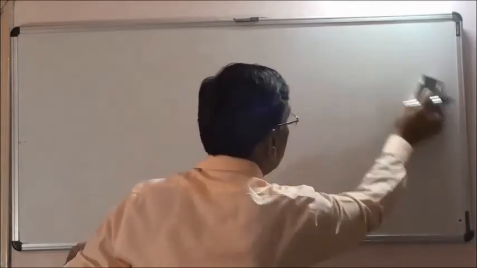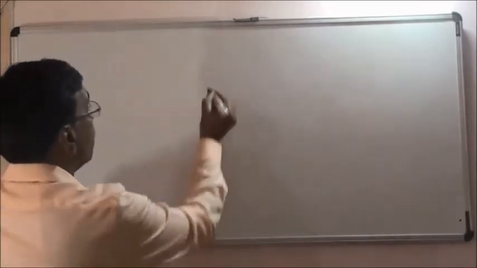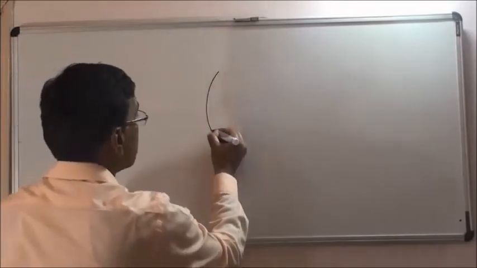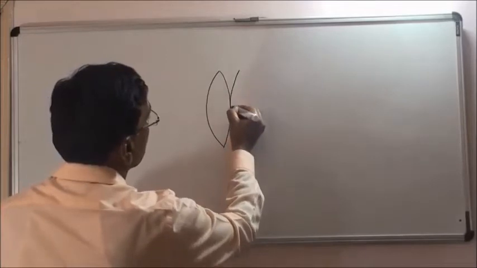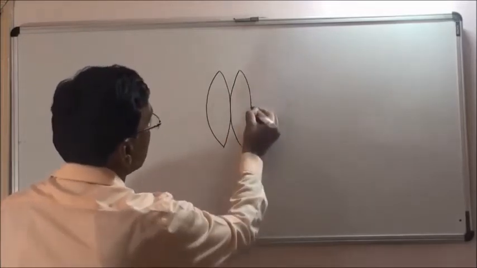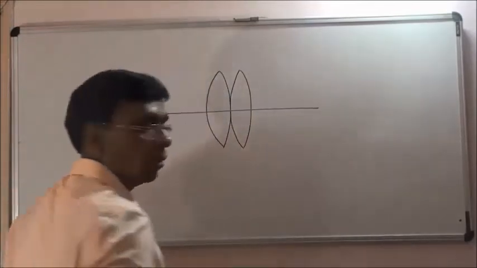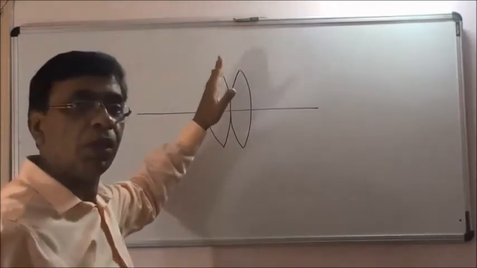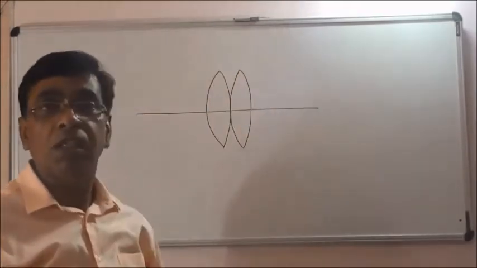Now for a single lens we have done the focal length, we have done the power. What if I keep two lenses in contact? This combination will obviously be more powerful. First lens will converge the rays and the second lens will converge them further.